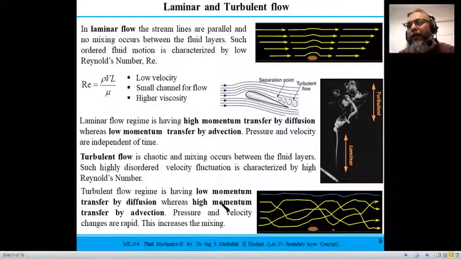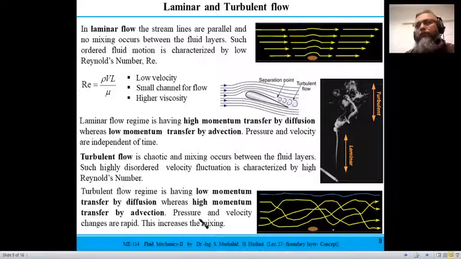Obviously due to that, the distribution of pressure and velocity also changes, and layers are going to mix with each other. That is how you should define laminar and turbulent flow.